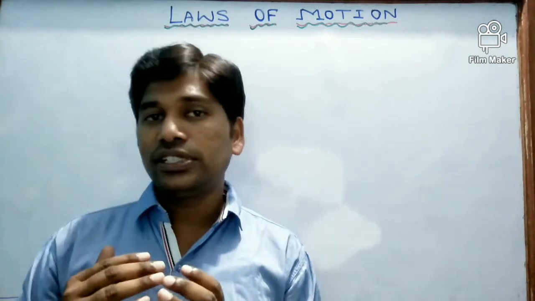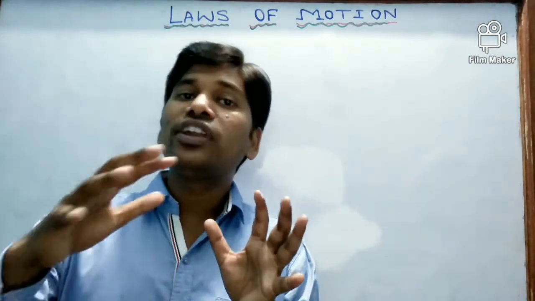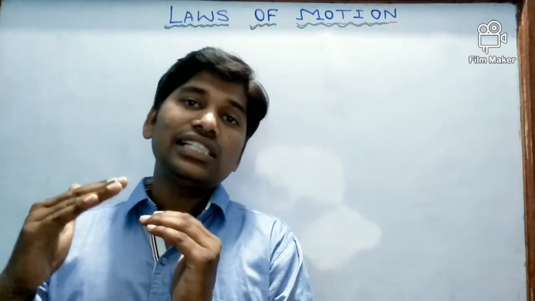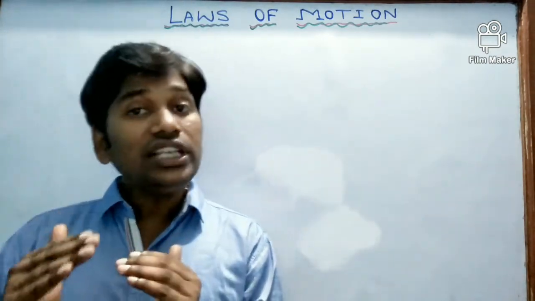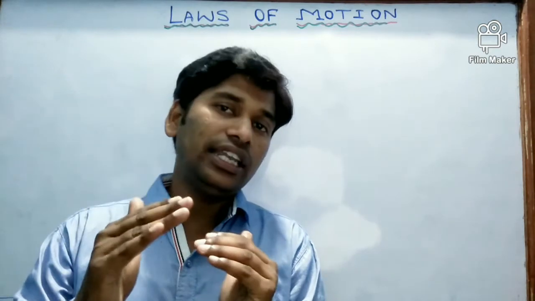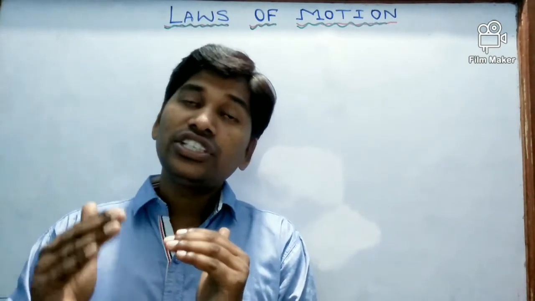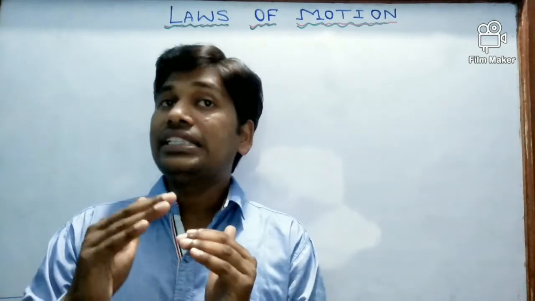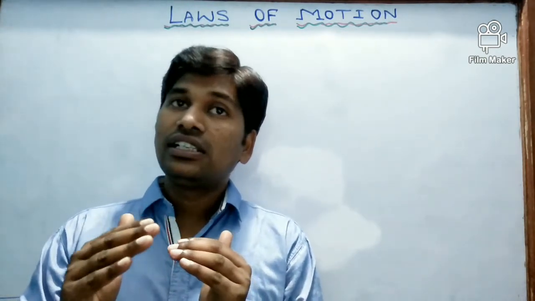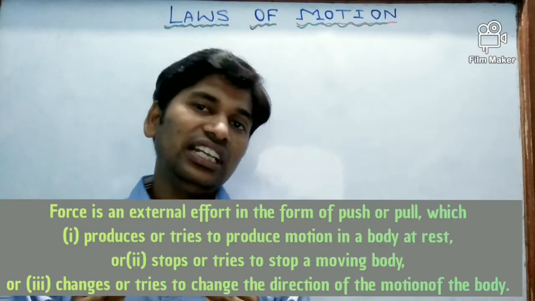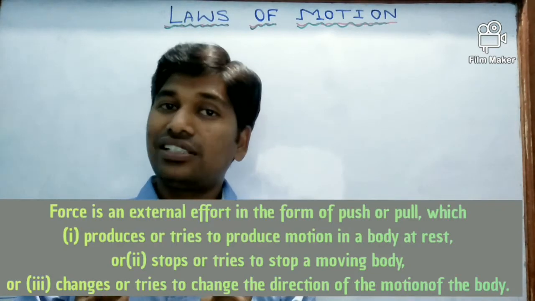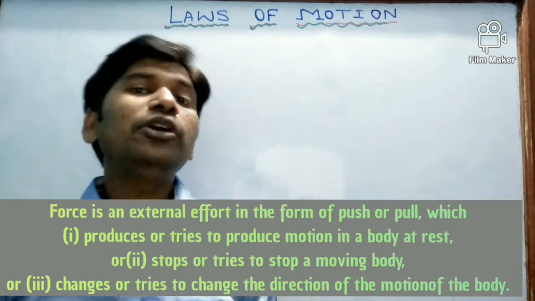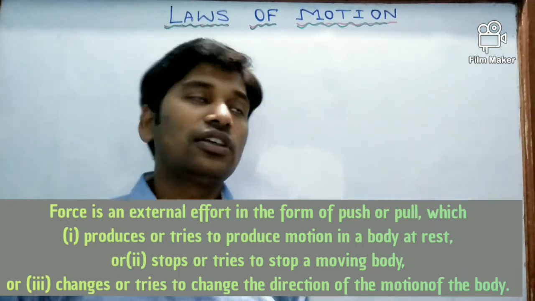Now we can define force using these four effects. So what is a force? Force is an external agent which, when it acts on a body, changes or tries to change the shape, size, state of rest, motion, direction, etc. of a body. This force can be of two types.